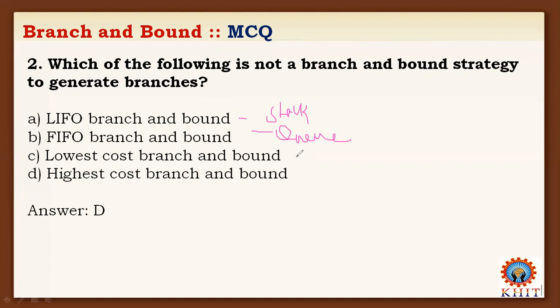For least cost, LC branch and bound, we can also generate. These three are considered branch and bound searching techniques, but this one is not. Hence, the answer is D.